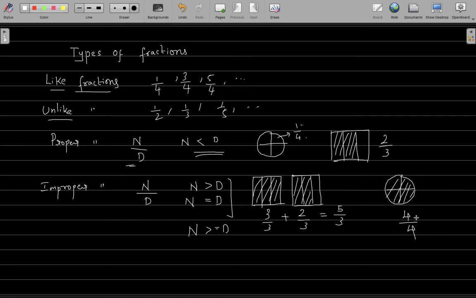This is also an improper fraction where numerator is equal to denominator. This is also an improper fraction where numerator is greater than denominator. So when numerator is greater than or equal to denominator, then such fraction is called an improper fraction.